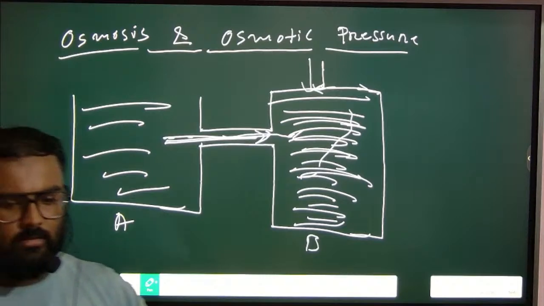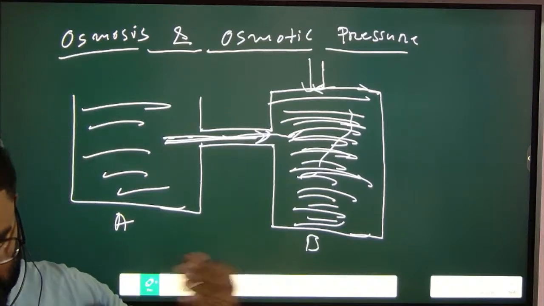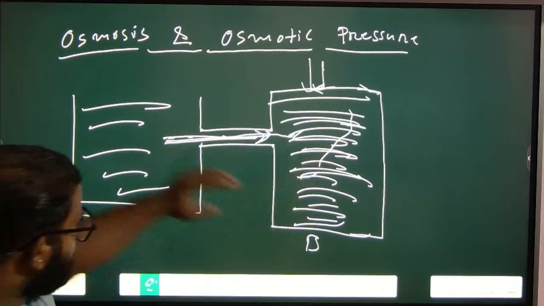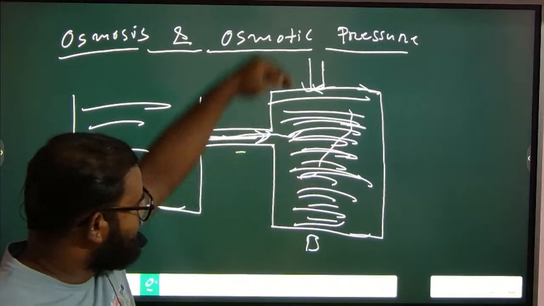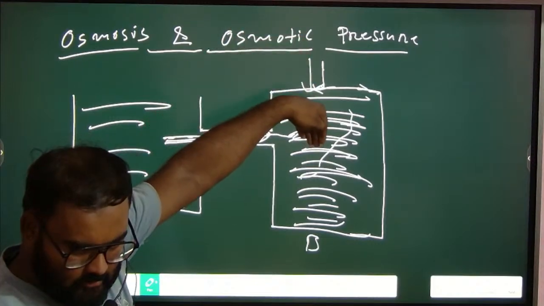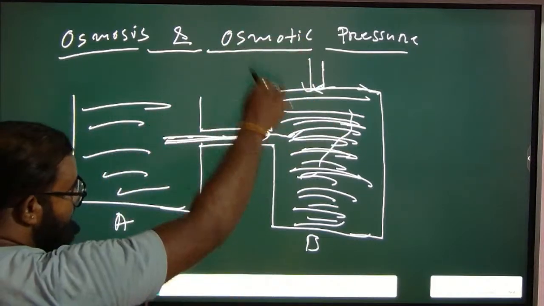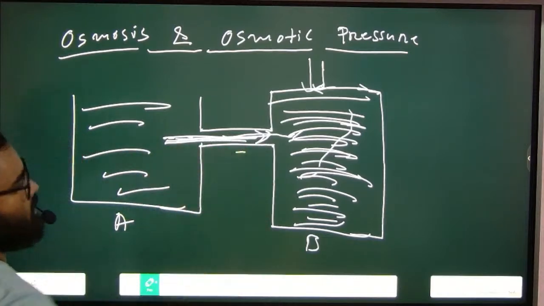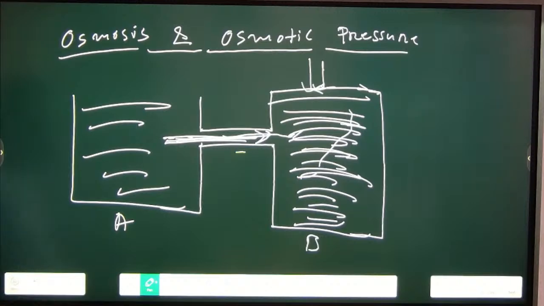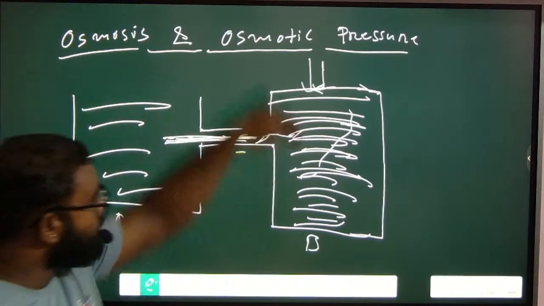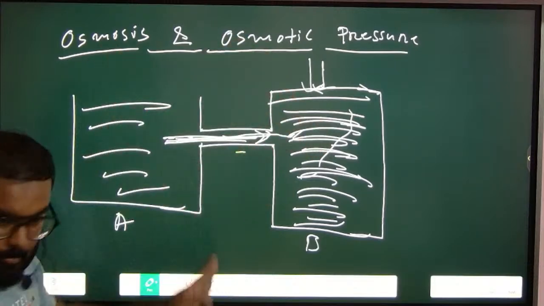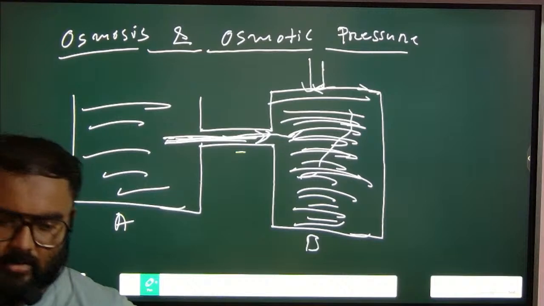You will not go that far. Same here. It is going like that, but someone is giving pressure here. And if we increase the pressure, at some point this osmosis will totally stop. And the amount of pressure which will make this osmosis stop is known as osmotic pressure.